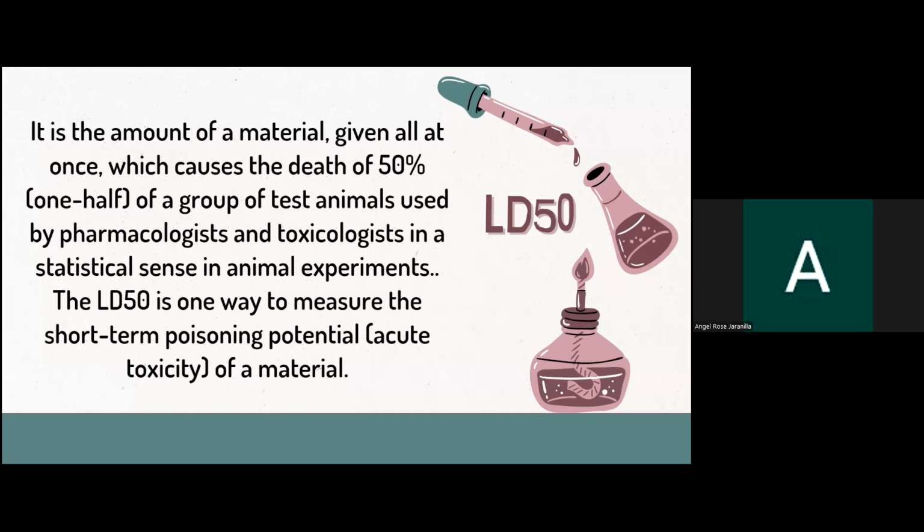The LD50 is one way to measure the short-term poisoning potential or acute toxicity of a material. So, by definition or by understanding, LD50 is the amount of material. So, half na material ay binibigay sa test animals to determine its toxicity, kung gaano siya ka-poisonous or lethal para sa isang tao if ever man ibigay.